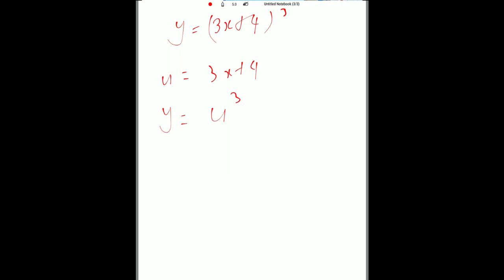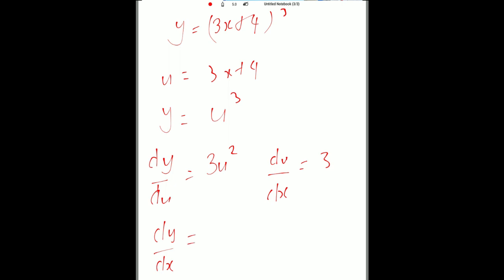So if we differentiate y with respect to u, we get what? 3u squared. If we differentiate u with respect to x, what do we get? 3.